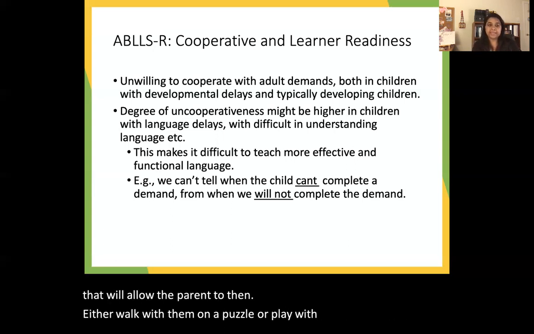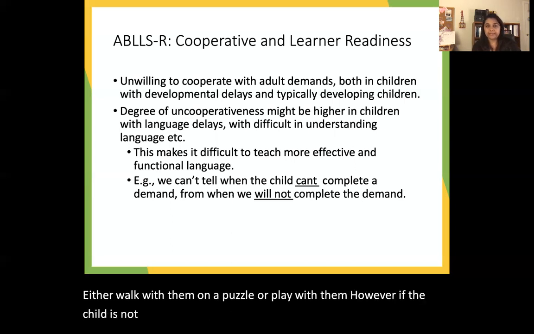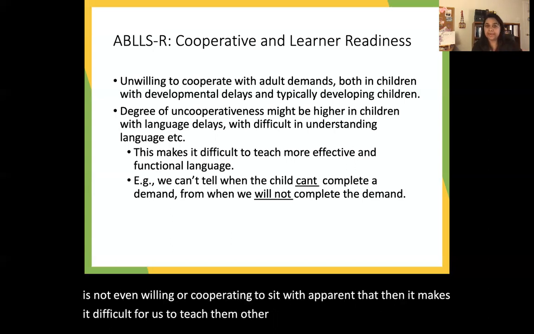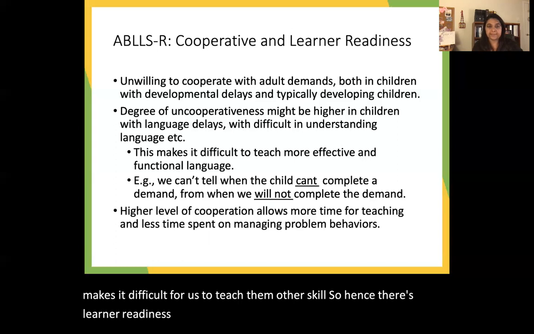However, if the child is not even willing to sit with the parent, then it makes it difficult for us to teach them other skills. So hence this learner readiness and cooperativeness becomes important.